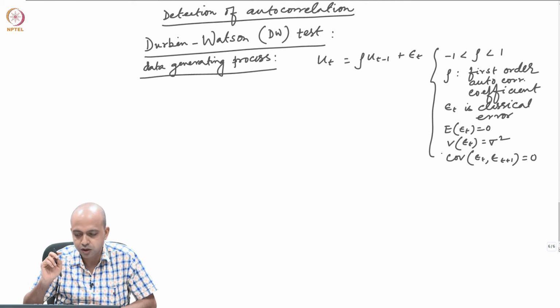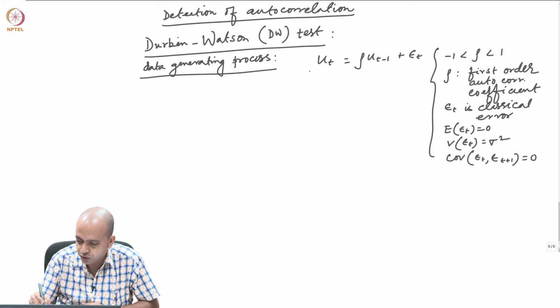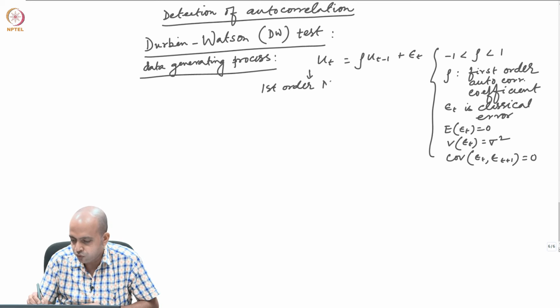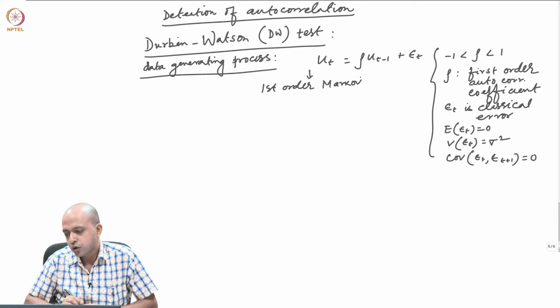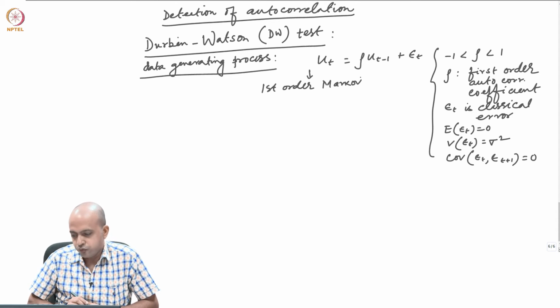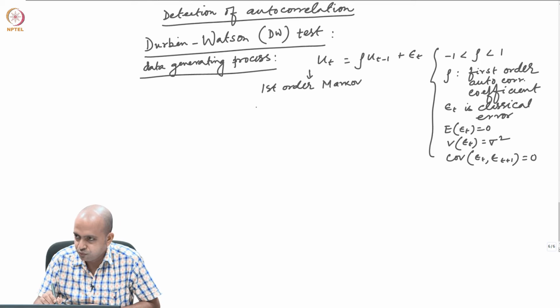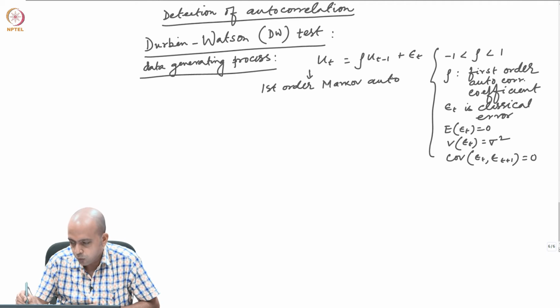the name of this path is called first order Markov autoregressive process.